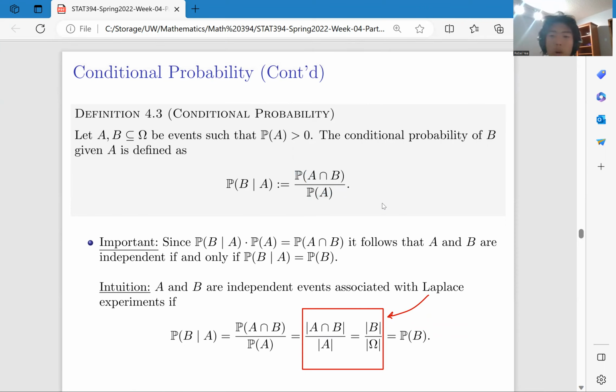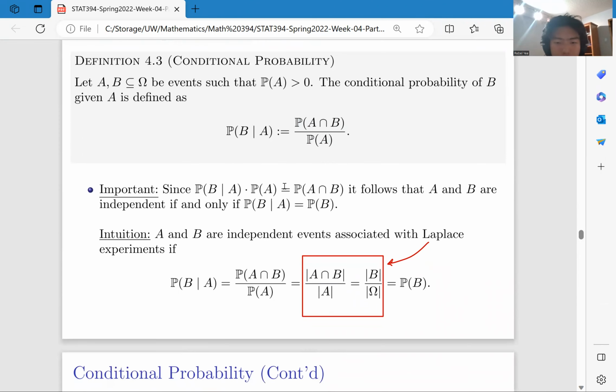So the conditional probability of B given A is defined as the probability of A intersection B divided by the probability of A. And this is exactly like changing the sample space from omega to A. This is the condition on A, because we know A happens and we can limit our consideration of the possible outcomes to A instead of the original sample space.